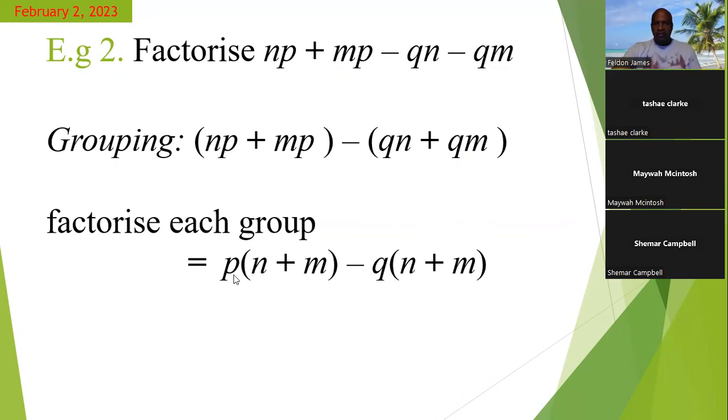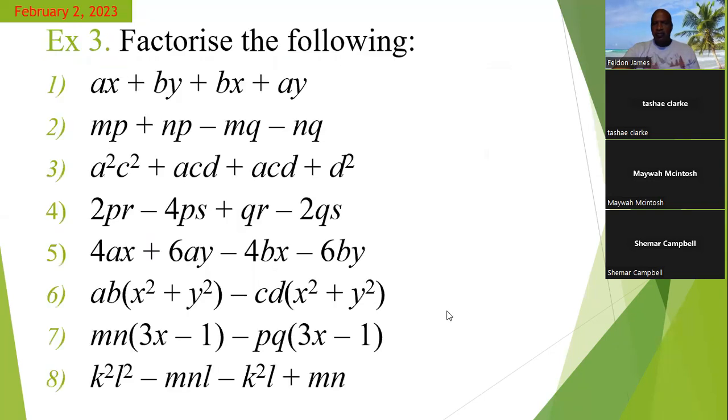For the first pair we would have P bracket M plus N. For the second pair, when we factorize, we get minus Q bracket N plus M. Then by further factorizing by the M plus N, N plus M, we have the factors N plus M times P minus Q.